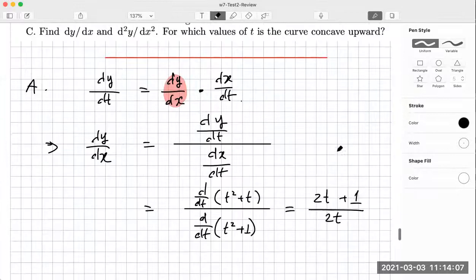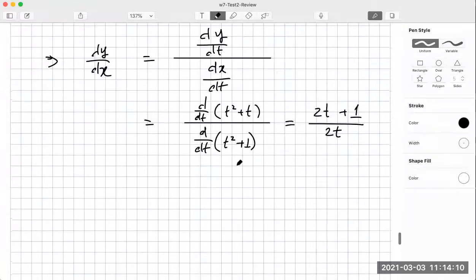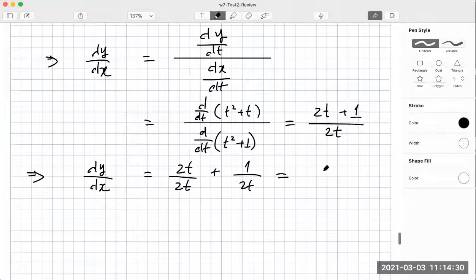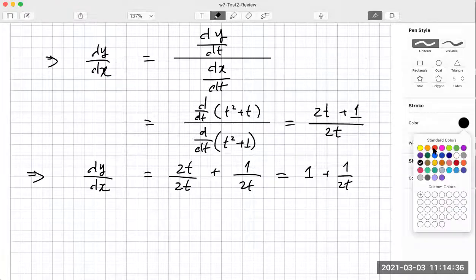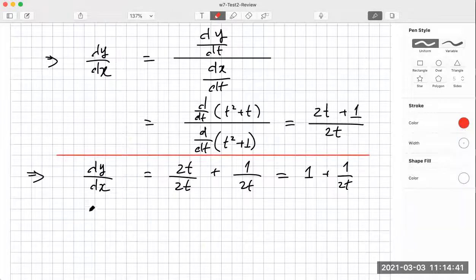So this is the slope, or you can simplify it. Let us write it slowly: it will be 2t plus 1 over 2t, or 1 plus 1 over 2t. That is question A.